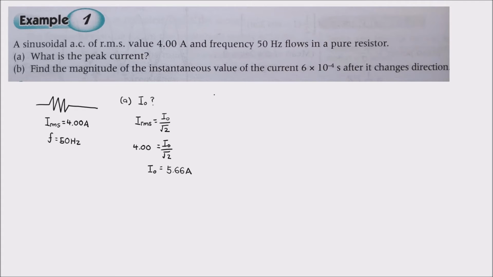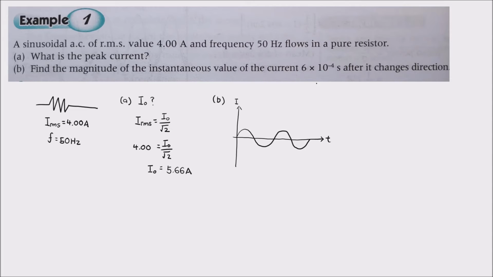Next question: find the magnitude of the instantaneous value of current 6 times 10 to the power of negative 4 seconds after it changes direction. What does this mean? We know that our current is varying with time. Let's say it varies with a relationship like this.